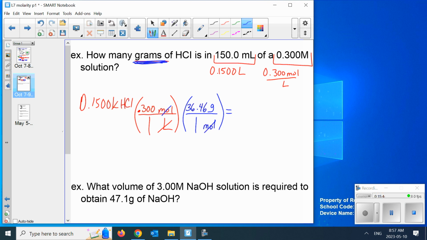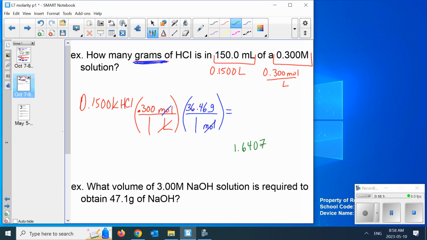Mark-wise, I'm giving you 2 marks for this set, one for each bracket. The third mark is for the answer with the correct units. Everything's on the top, and only the 1 is on the bottom, so it's all 0.1500 times 0.300 times 36.46. I get 1.6407. That's more digits than I need.